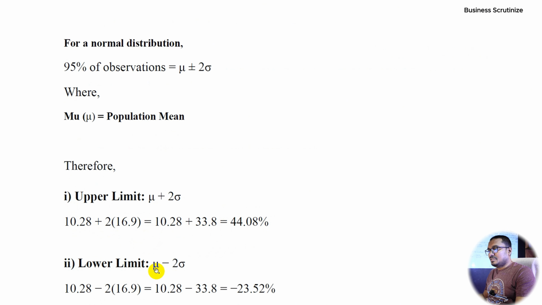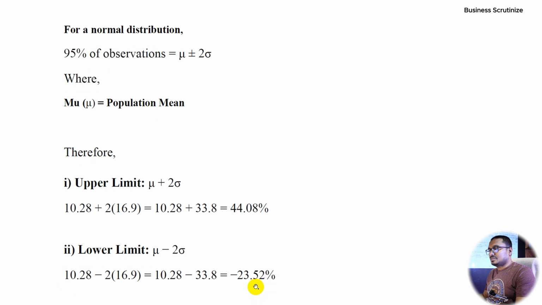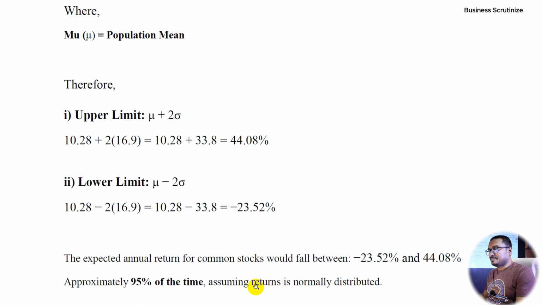For the lower limit, you can see population mean minus 2 times sigma. Here we just subtract 2 times sigma from the population mean, so the percentage is negative, minus 23.52%. So this is the calculation.